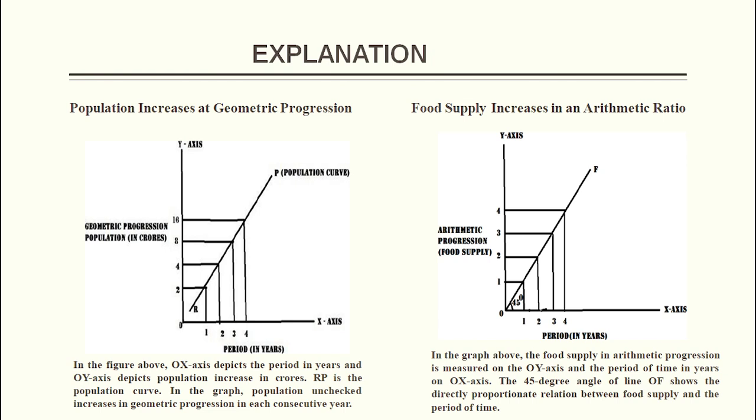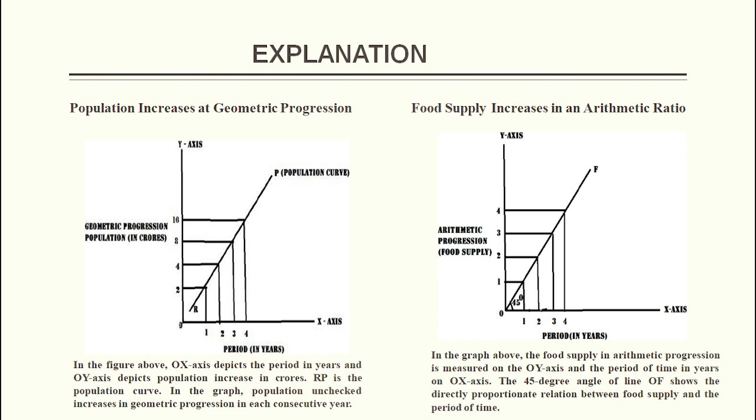In the figure we can see the RP curve, which is the population curve derived from both axes. For example, in the first year the population was 2 crores. As the years gradually increase, from the first to the second year, the population again increases in geometrical ratio from 2 to 4. So this is the first panel of the figure, which states that population increases in geometric progression.